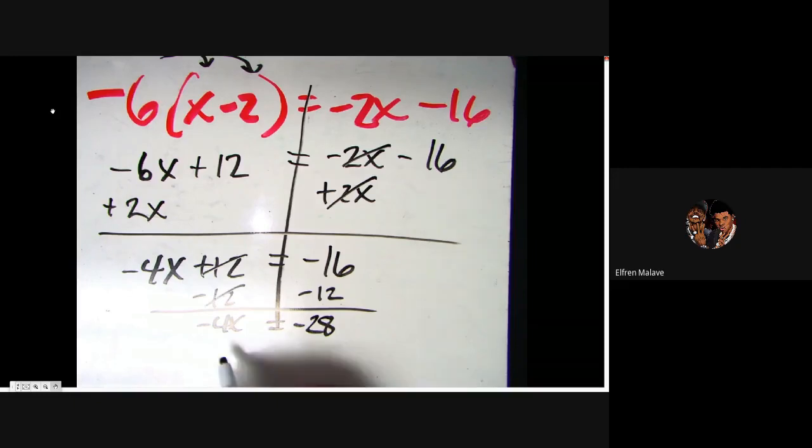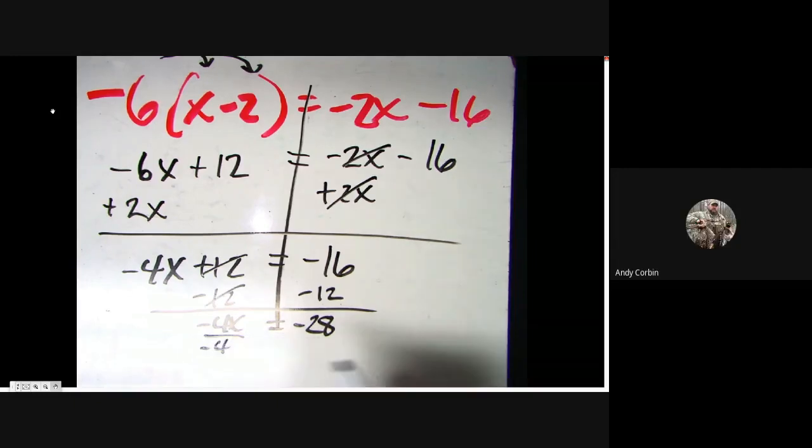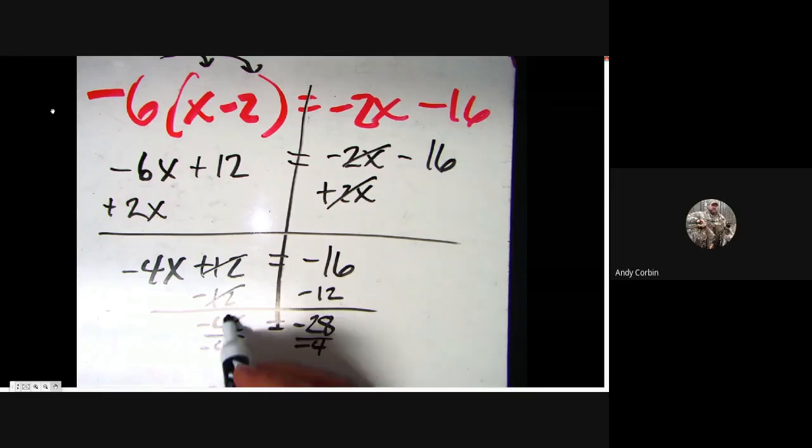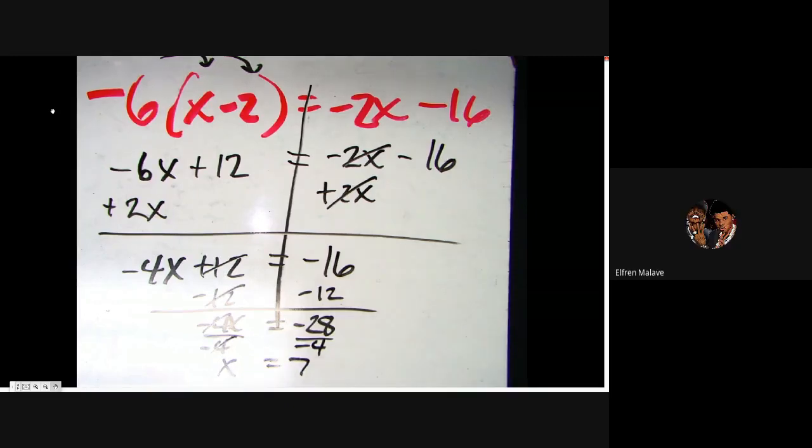Then you divide by negative 4, right? Do it to one side, then we have to do it to the other. Good. And so we end up with x equals 7, right? Yes. Okay, everybody take a look at that.